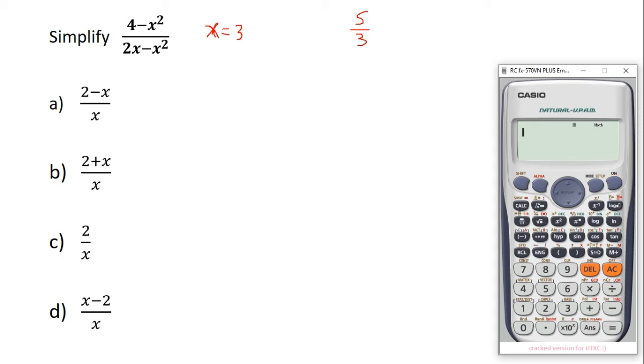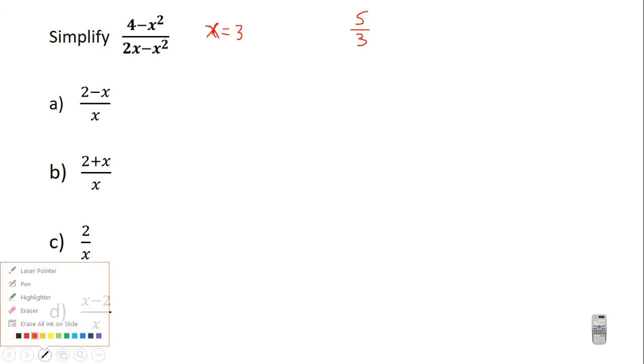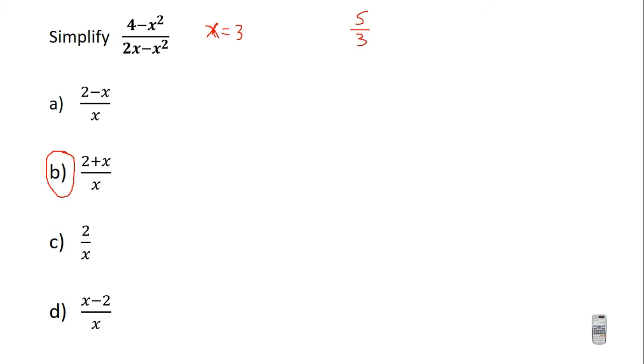You move on to the next one. The next one is (2 + x)/3, which in this case is 2 plus 3, divided by 3. And that is giving us 5 over 3, which is the same as what we had for the question. So it means that the answer is option B. So if it's in an examination, this is our correct answer.